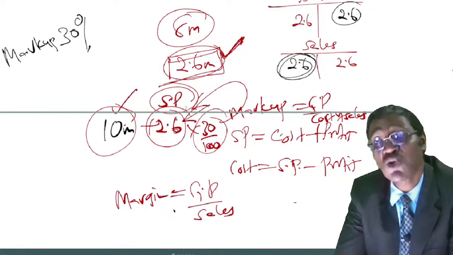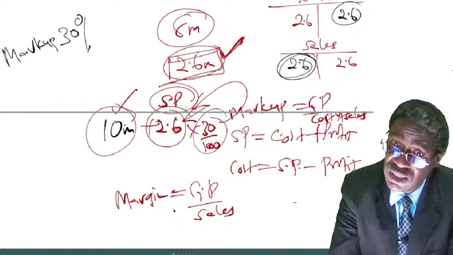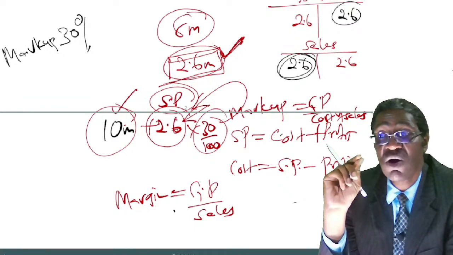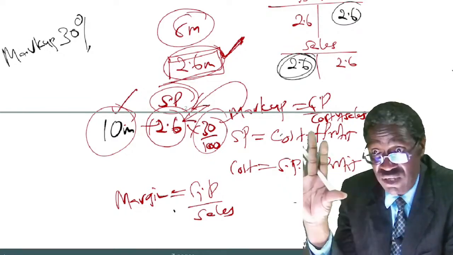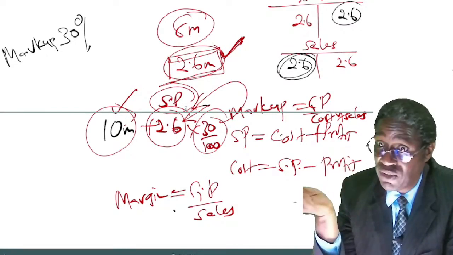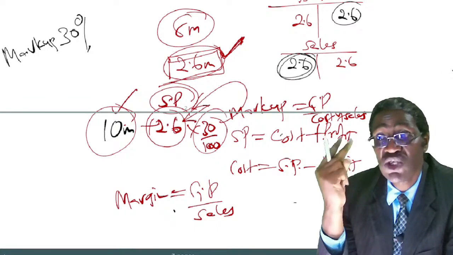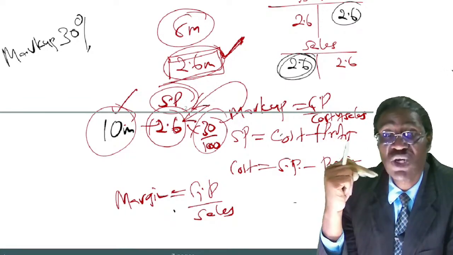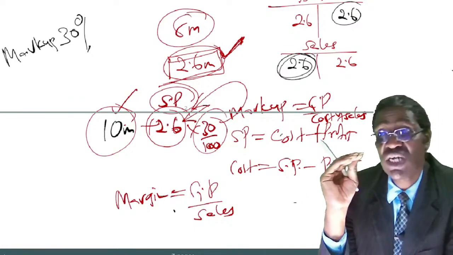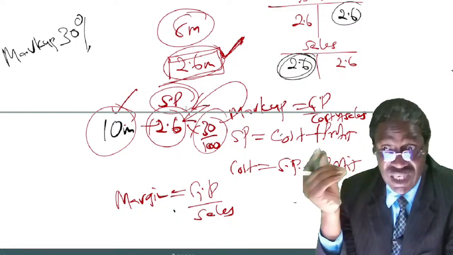So if I can get the margin and I know the selling price, I'll be left with only one unknown, the GP, which you can solve. As compared to when you use markup, you don't know the GP and you don't know the cost of sales, which leaves you with two unknowns.